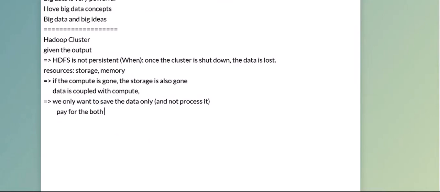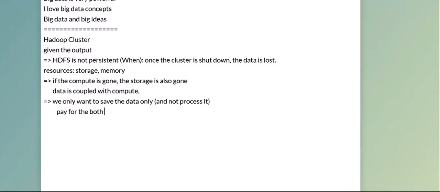This is not a favorable situation for any company or institute, because there can be tons of data. For example, there is 1 terabyte of data which we only need to save. What is the point of getting compute in this case? The favorable scenario for us would be that we only get storage, and at a later time when we want to compute it, we get the compute at that time.